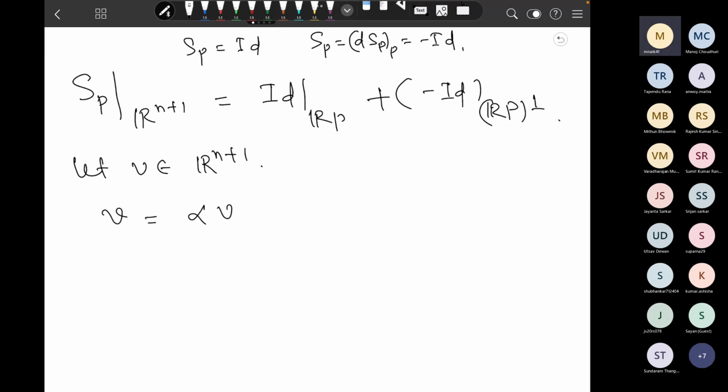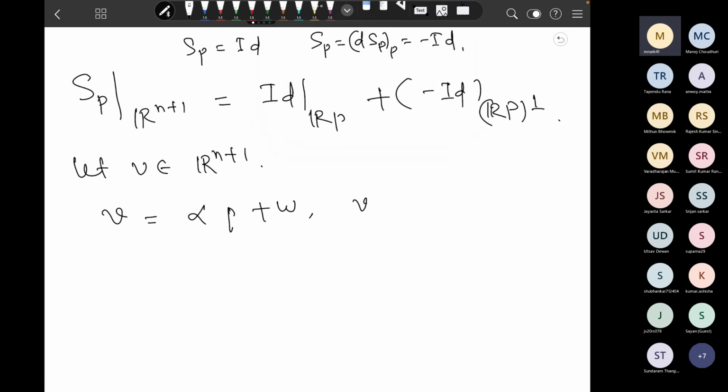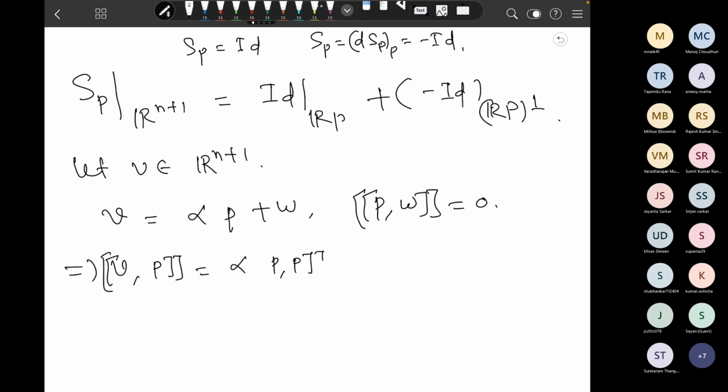V can be written as alpha P plus W, where W is perpendicular to P. Suppose I am able to find this. Now if I take the bilinear form of V with P, this is really alpha times PP plus WP.